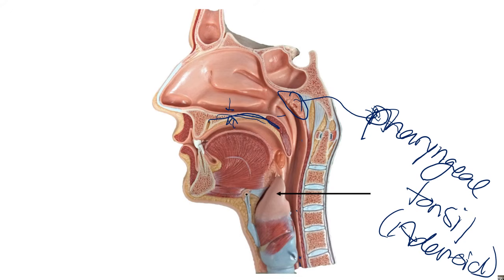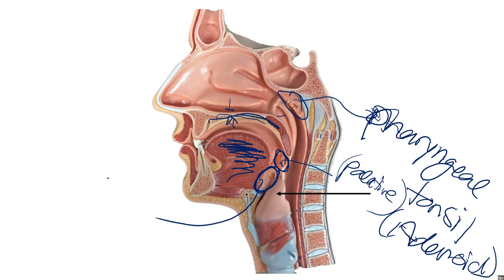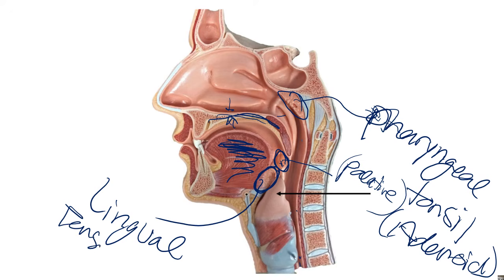If you go to the palate and drop down, right here on the lateral walls of the back of the throat, you'll find the palatine tonsil. And then this here is your tongue. Your tongue's this really big, purely muscular structure. But right at the base of the tongue, you have the lingual tonsil.